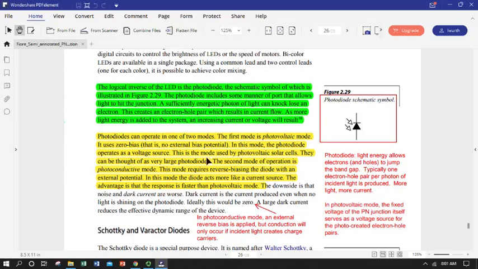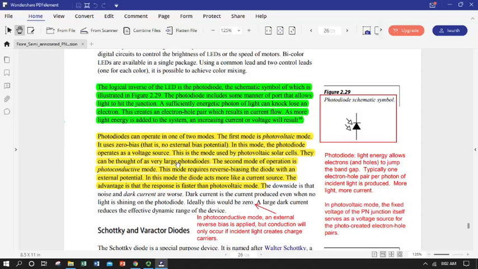So the conductivity of that device is dependent on how much light is hitting it, because we're creating charge carriers every time the light hits it. So that's how a photovoltaic device works. We use its fixed charge, and then we use photons to create current that get accelerated by the effective fixed voltage, and then we have power. So that's the essence of how a solar cell works.